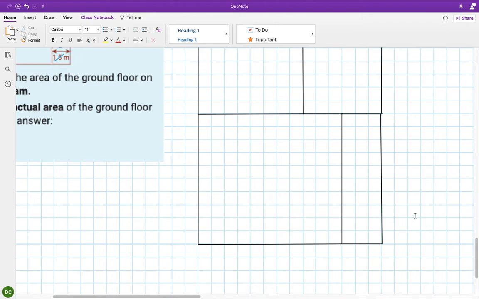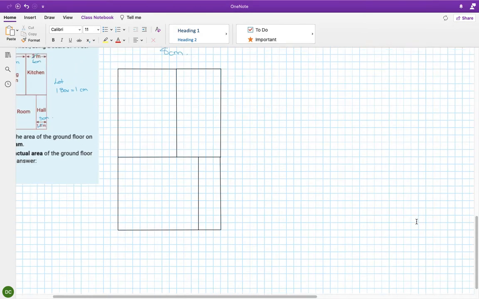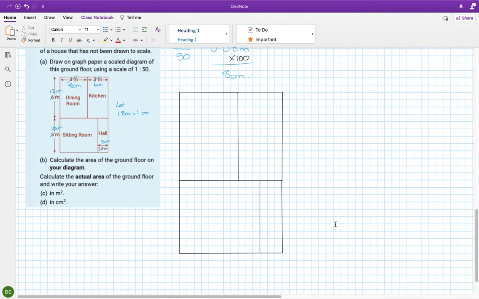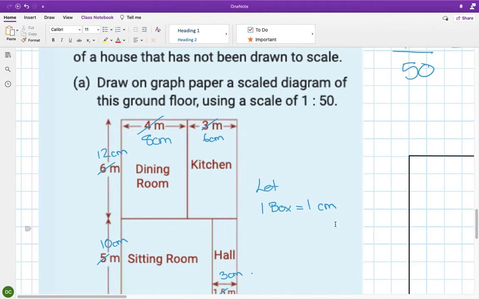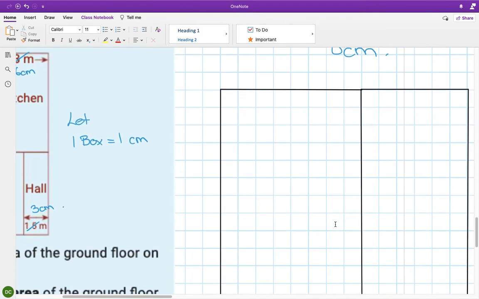And then if I fill in what each of those are, sorry, you just kind of have to, I suppose, annotate the diagram. Okay, so this one here is the dining room.